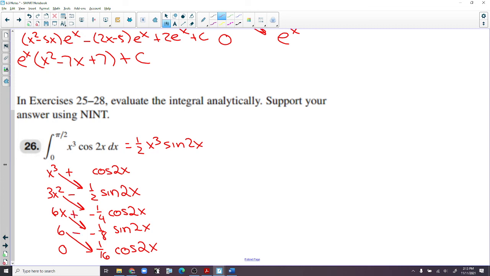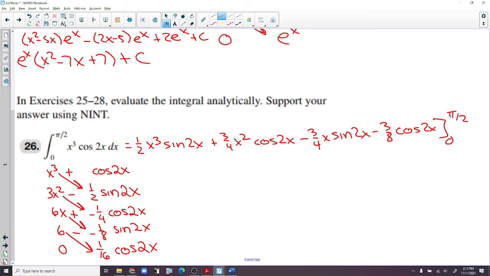So plus 3/4 x squared cosine of 2x minus 6/8 or 3/4 x sine of 2x, and then minus 3/8 cosine of 2x. And we're going to evaluate from 0 to pi over 2.